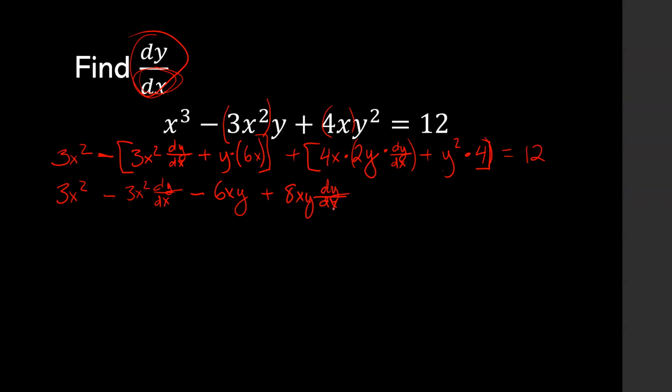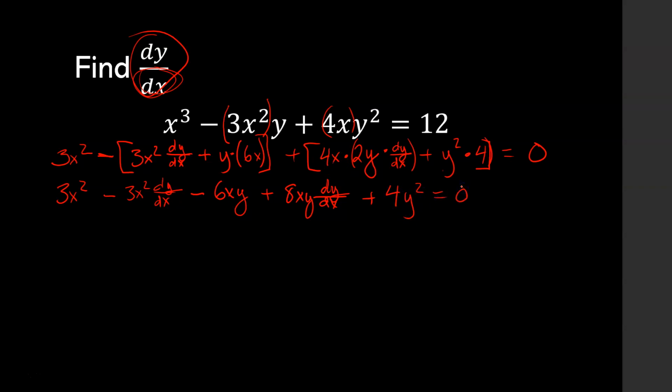And then distribute 4x, and the last, I said the derivative of a constant is 0. Thank you for yelling. I actually heard you that time. Let's see, do I distribute? No, that 4x is only in here, so this is just plus 4y squared equal to 0.